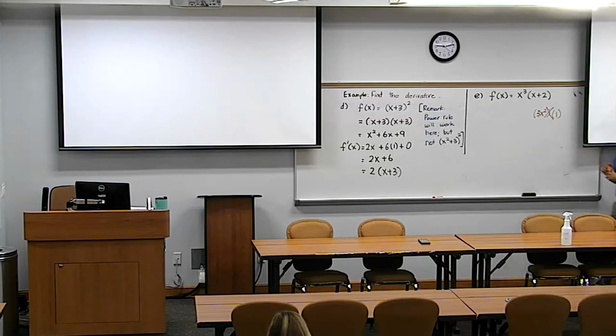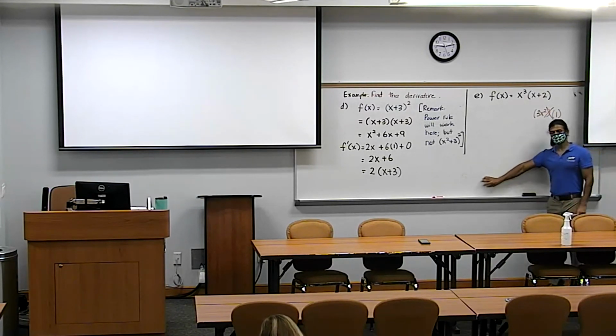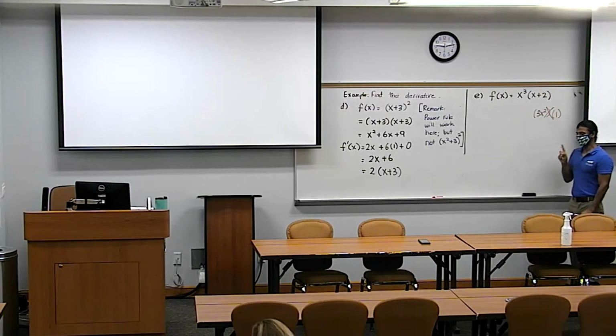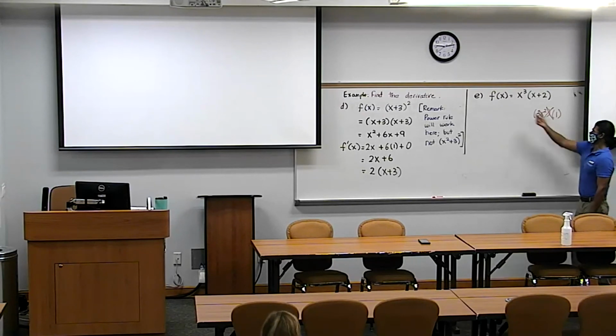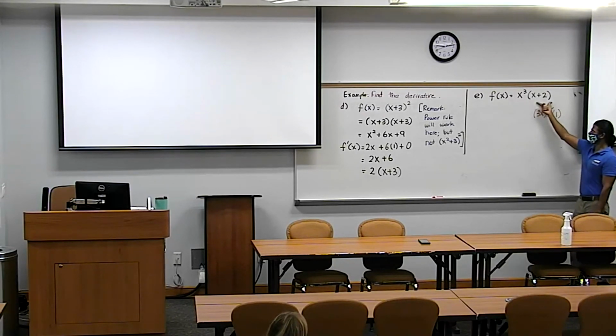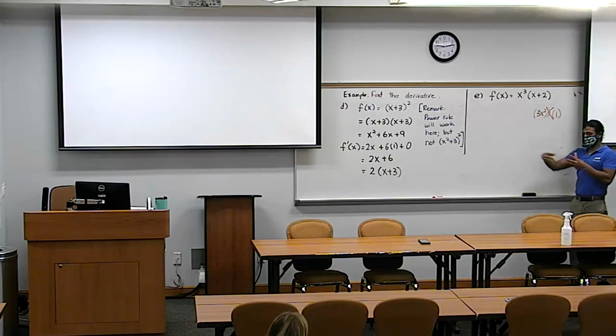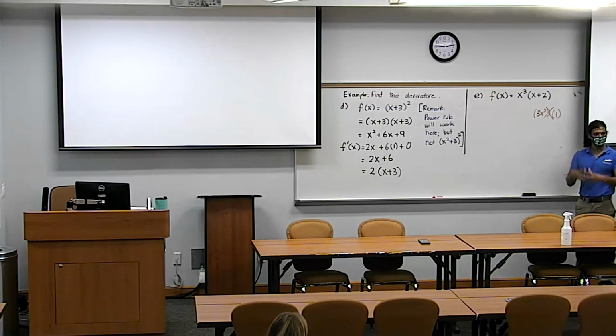That's incorrect. The reason being, the rule that I wrote in part C, I said that is going to apply only if you have functions in sums or differences. Is that function and that function in a sum, or is it in a product?